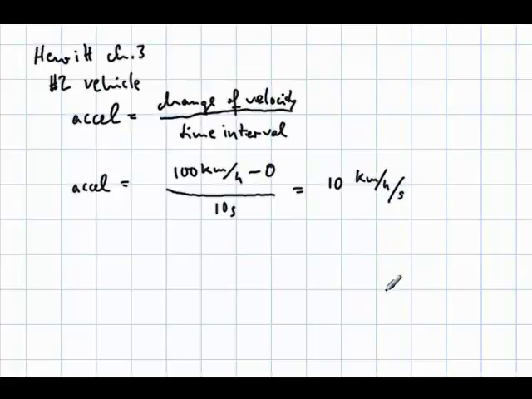So the acceleration is 10 kilometers per hour per second, and because of course it's a deceleration, if the car was traveling to the right, that deceleration would be pointing to the left, and if the car would be driving to the left, then that deceleration would be pointing to the right. So a deceleration, where it gets slower, is always in the opposite direction of the motion.